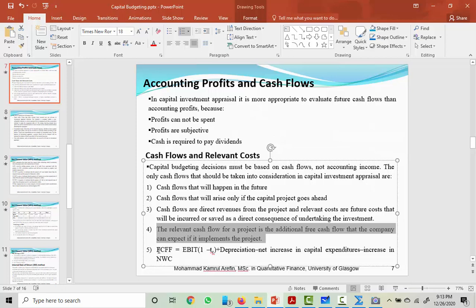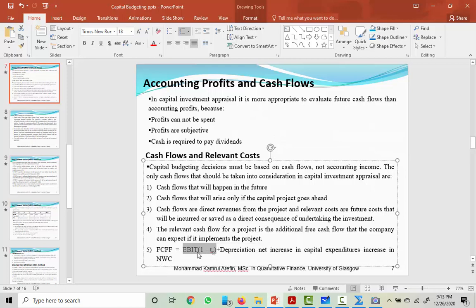So FCFF, free cash flow for the firm. The formula starts with earnings before interest and tax, or PBIT, profit before interest and tax, and we need to do a tax adjustment there.